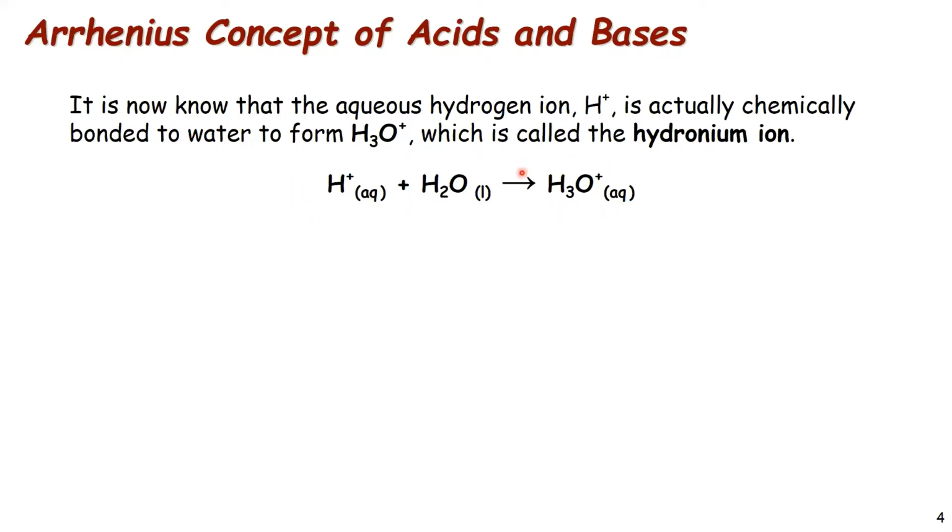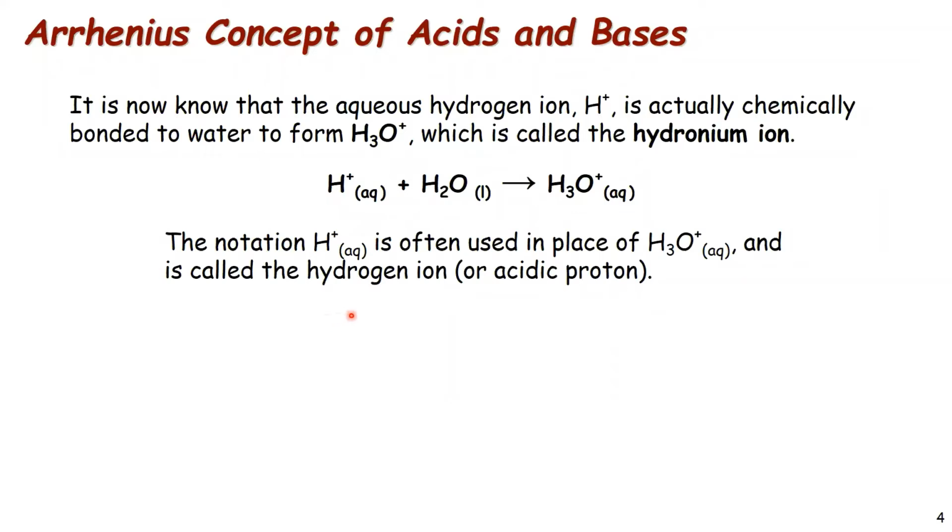It always exists as H3O+. However, we're oftentimes just going to write it as H+, understanding that it's going to react with one of the solvent water molecules and form the hydronium ion. So again, we're oftentimes just going to use H+ rather than H3O+.